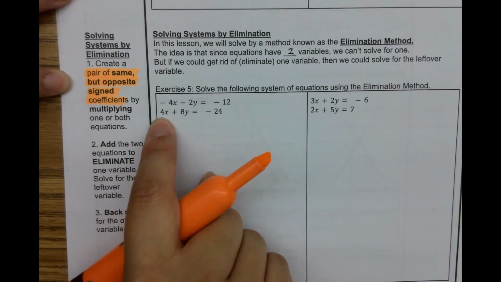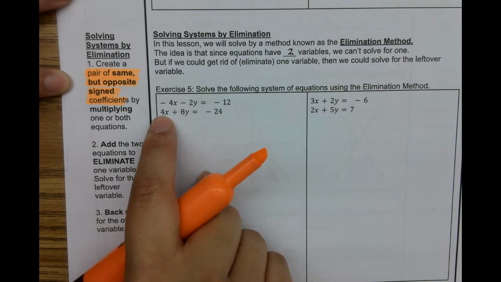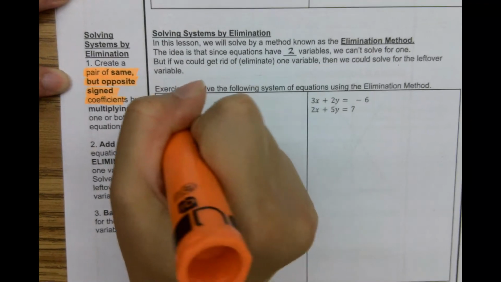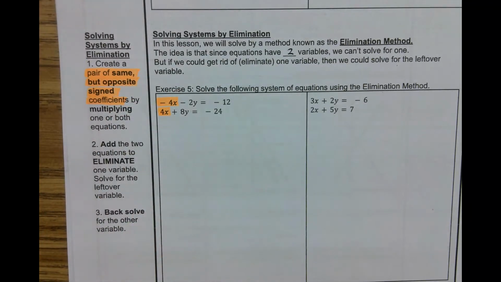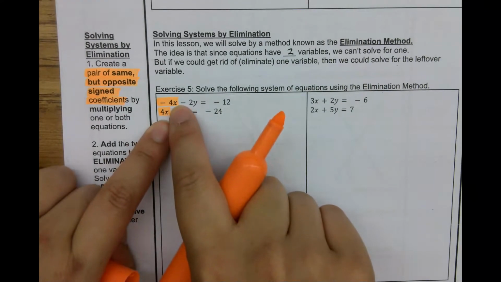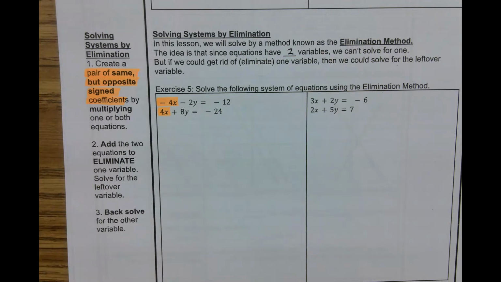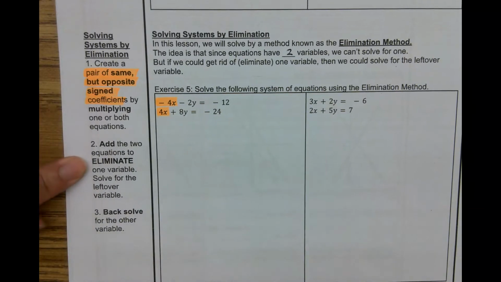They're both 4, and they are opposite signs. So this is what I am looking for in step 1. I want the same coefficient but opposite signs. If I don't have that, I'm going to end up multiplying one or both equations. Since I have that here, I can move on to my next step.